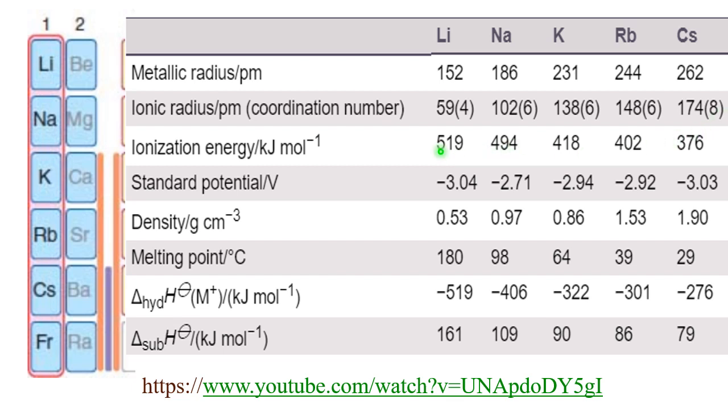Ionization energy drops from lithium to cesium. Standard potentials, so the measure of how strong a reducing agent can be, drop from lithium to sodium and then slightly increase back to cesium.